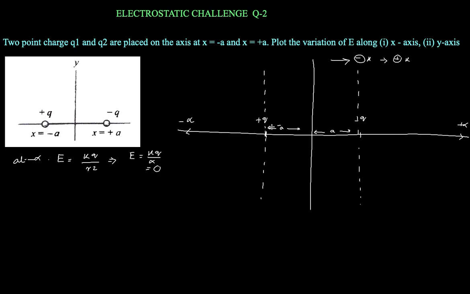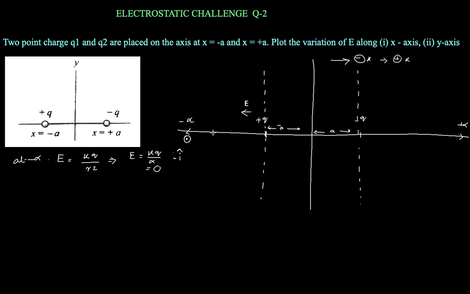The direction of electric field, as this is nearer to the positive charge, is in the negative direction, so the direction of electric field is minus i cap. That means it is the negative region. So here at infinite the electric field is 0. That means we got this point here.